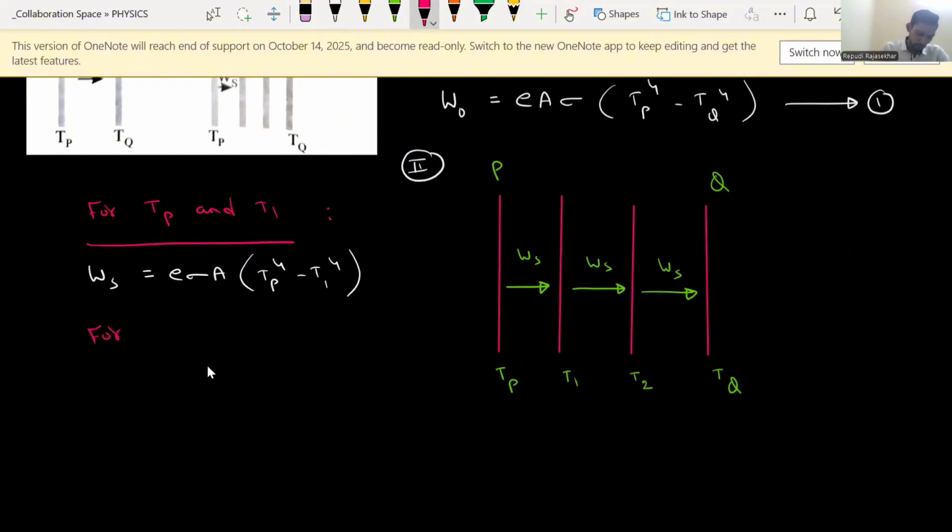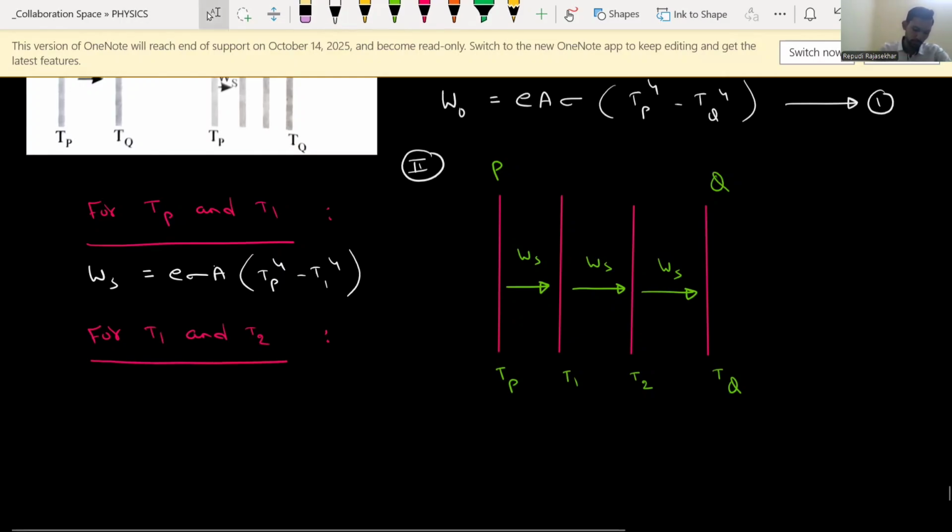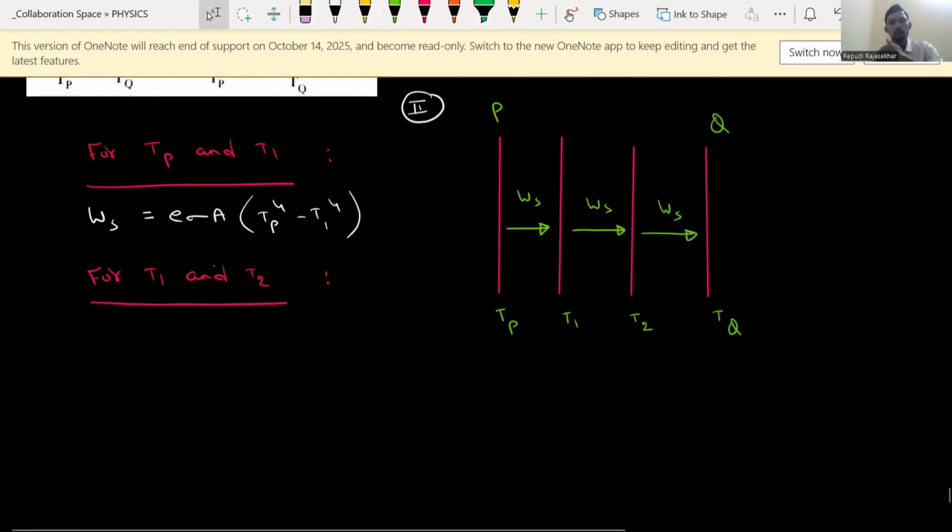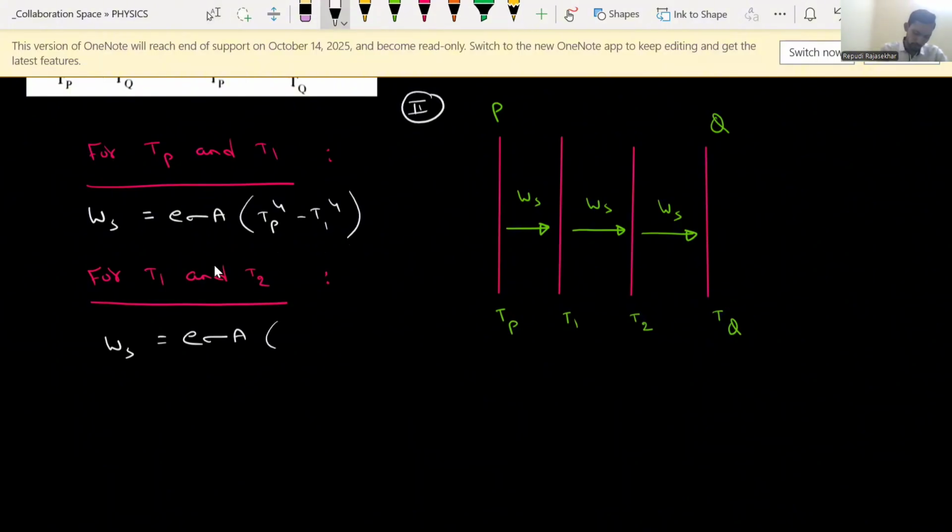Next, for T1 and T2, I am taking two plates and applying the equation. For the T1 and T2 plates, how much heat is flowing? The rate of flow of heat is the same. Ws equals to E sigma A T1 power 4 minus T2 power 4.